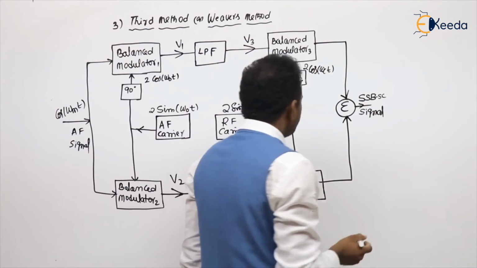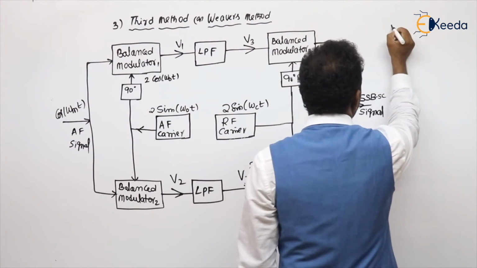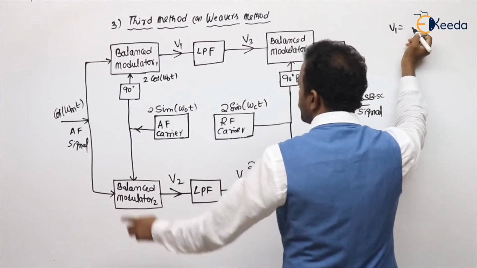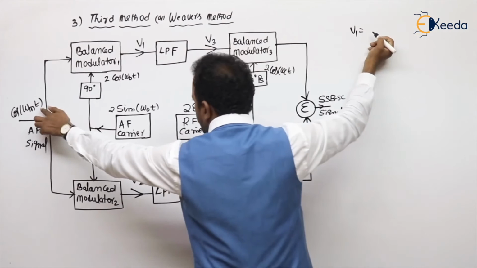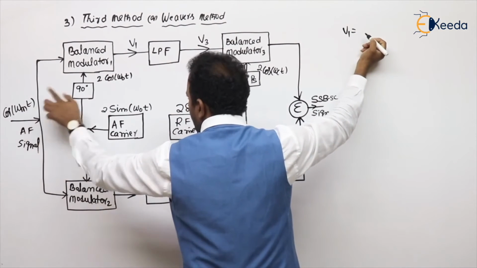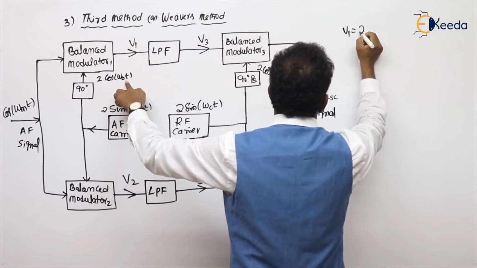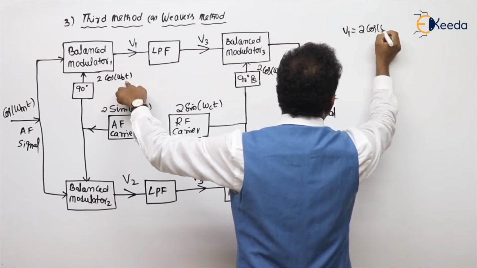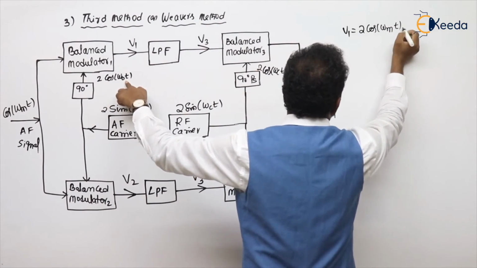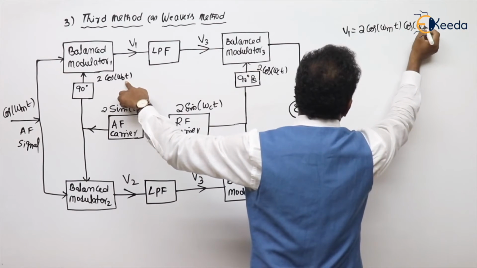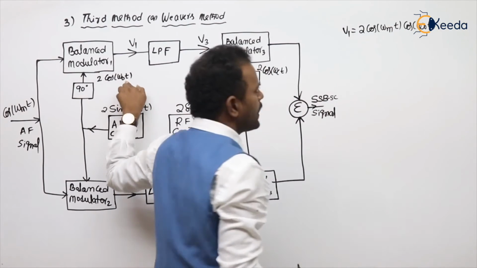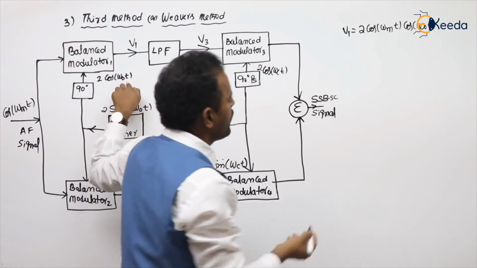And coming to V1, students, try to follow clearly. What is the V1 value? One input is cos omega mt, another input is 2 cos omega naught t. So I can say 2 times cos omega mt into cos omega naught t. It's like the cos A into cos B formula.